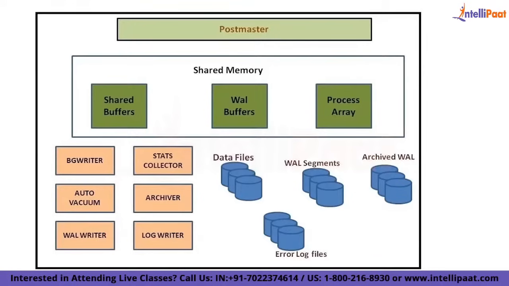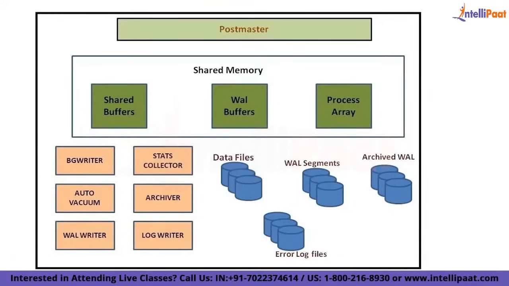That is the responsibility of the Postmaster process. But there is a small difference between the Postmaster process and the listener process. The listener process is independent of the database, meaning you can have your database running without the listener up and running. Probably the remote connections you may not get when the listener is not on, but local connections, the ones you make from the same server, can work.